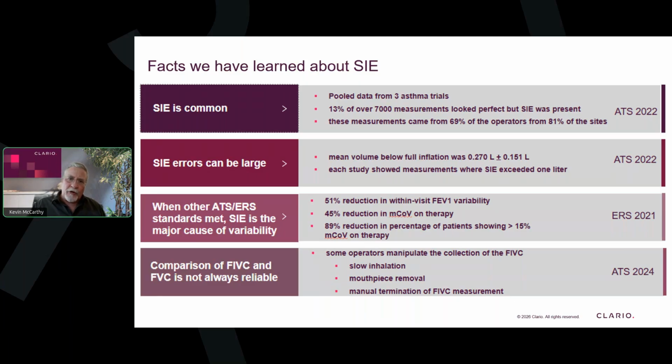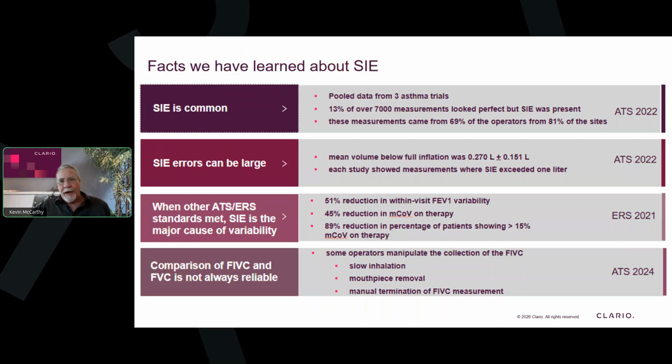So to support the notion that it's common, one of the things that we did, and Phil alluded to this already, he said from 6 to 23% of the data is implausible based on the tools that we have. And this is one of the ones. This study showed 13% of 7,000 measurements that really, when viewed through the lens of the 2005 standards, looked perfect.